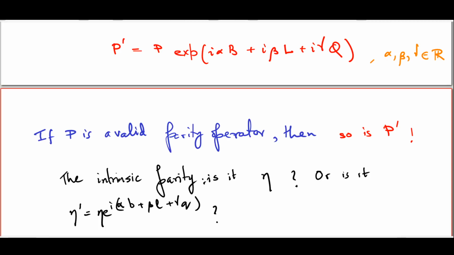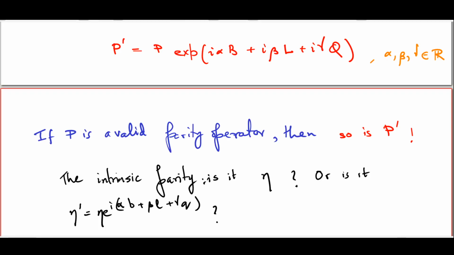Now, which one is going to be considered the intrinsic parity depends on which one of the operators, capital P or capital P prime, we use to implement the parity operation. Notice that actually there is nothing to choose between the two. At a physical level, we are fully free to implement parity by using either one of them. So we will actually use the one which makes our life the simplest.